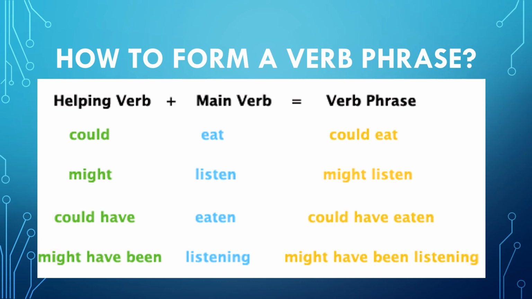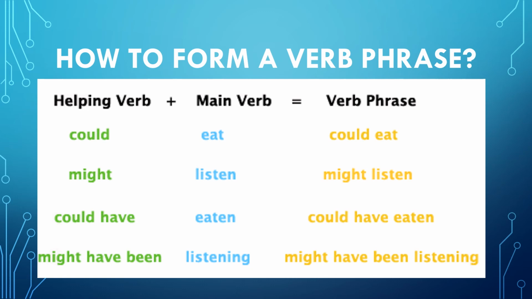First one, we have the helping verb could and the main verb eat. Therefore, we create a verb phrase could eat. Next, helping verb might plus main verb listen is equal to verb phrase might listen.